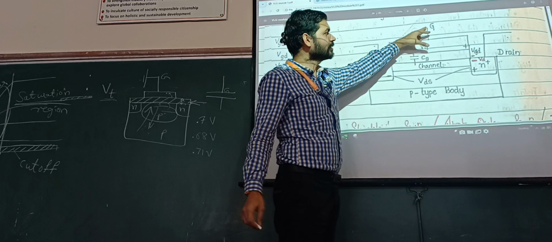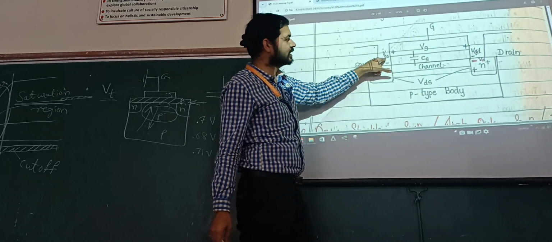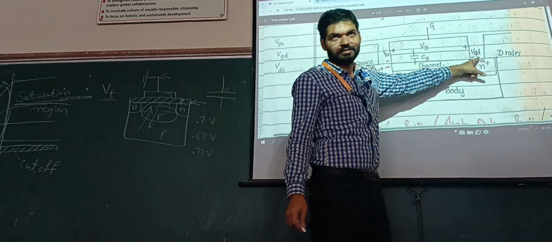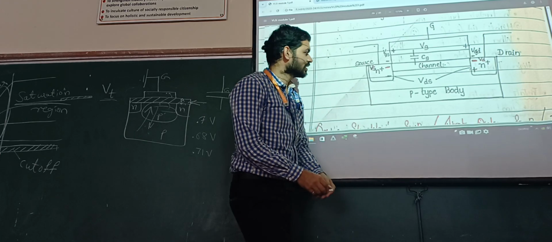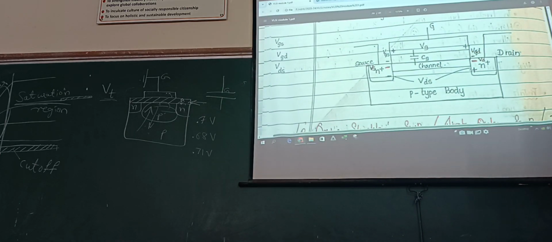Okay. Here I am giving the voltage. So this voltage between gate and source is VGS. Voltage between gate and drain is VGD, VG minus VD, VG minus VS. Clear? And one more diagram I have where we define few more terms.